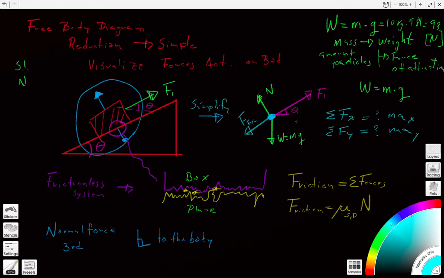We'll make an example of this, and we'll use this exact example. But I just wanted to tell you what the free body diagram is: a reduction of a complex system into a more simplified system with all of the forces that are interacting with this object. I'll make a separate video on the normal force and the friction force, so don't worry about those two things. I just wanted to put them here so that it was a more complete example.